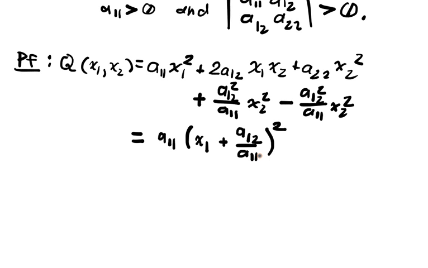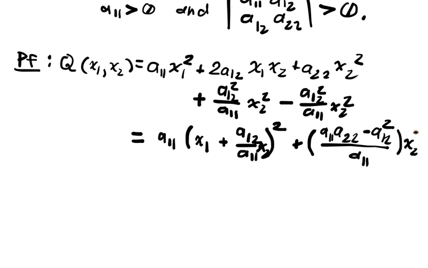We'll get a11 x1 squared, and we'll get 2 a12 x1 x2, and then the final term is just, of course, this guy. But then we have the mess left over, which is (a11 a22 minus a12 squared) divided by a11, and that's x2 squared. Alright, so now we've completed the square.